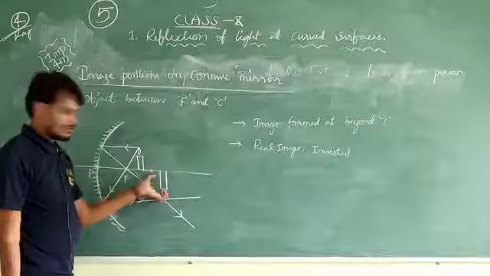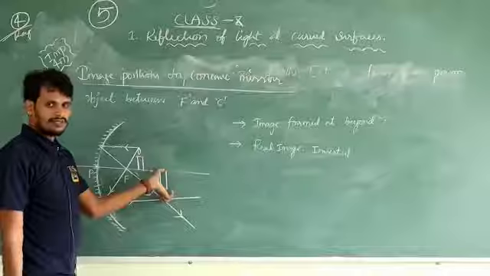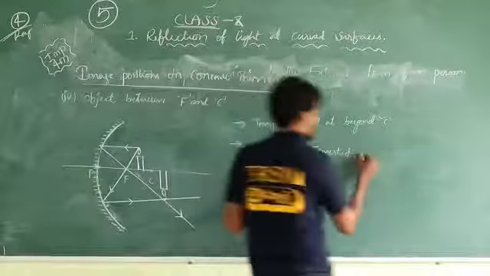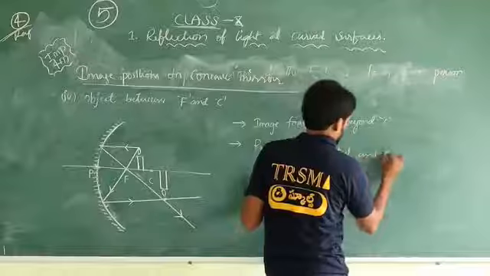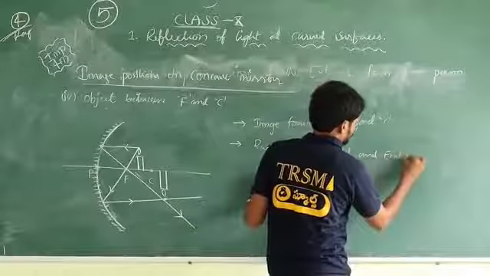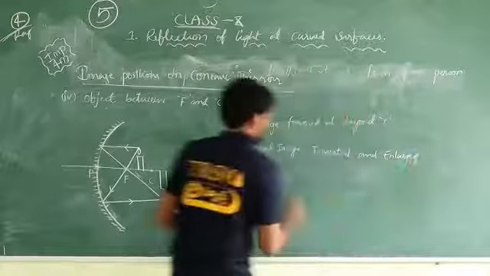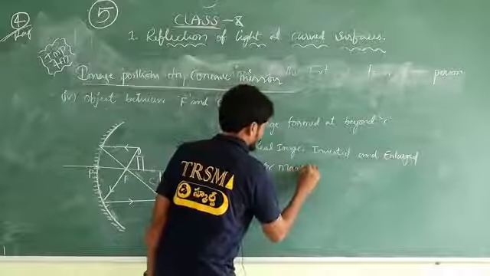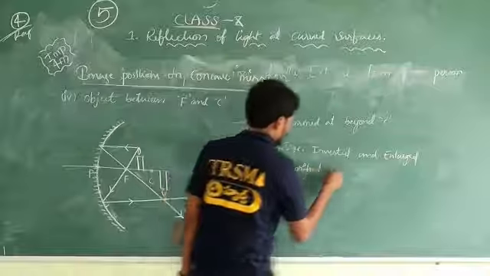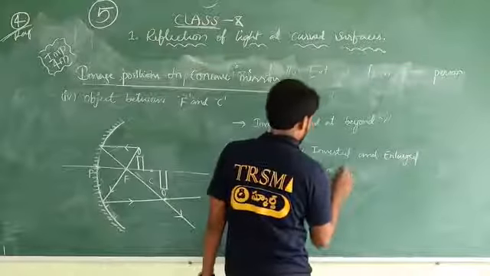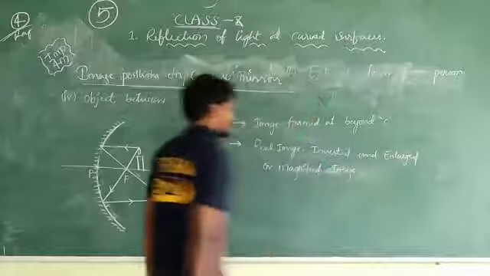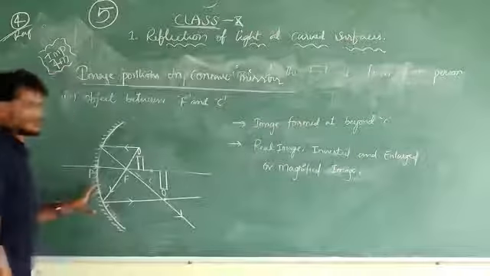Same size was also observed, but now it's bigger than the object size. Then it's an enlarged image, enlarged or magnified image. Got it?